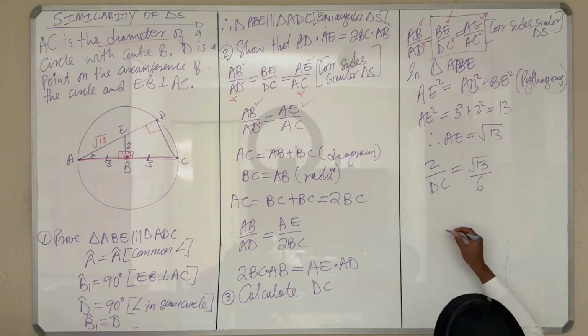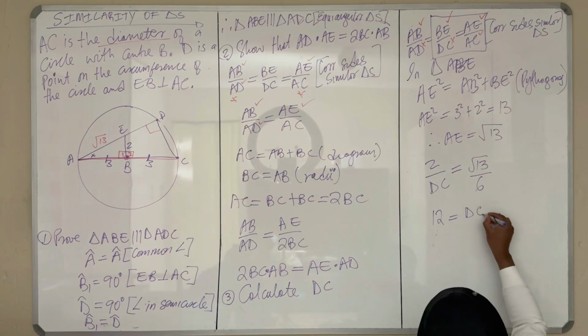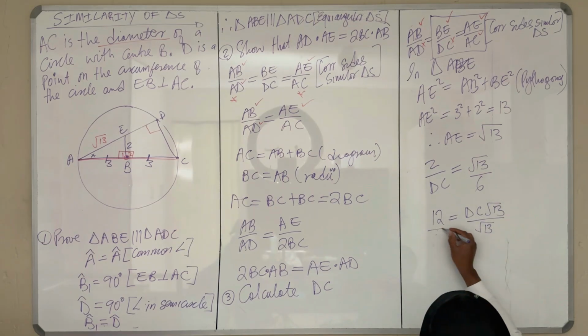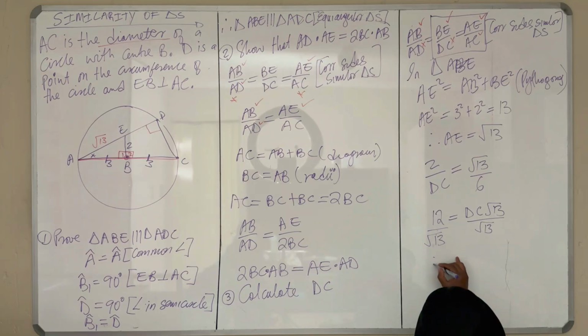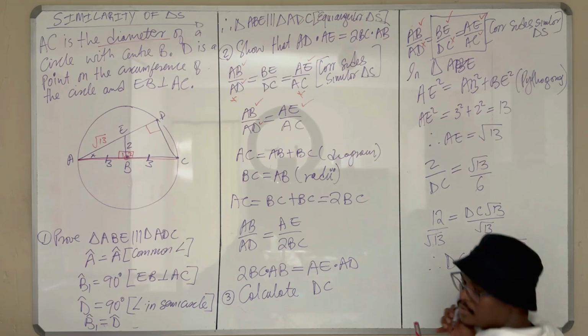In that case, cross multiply: 12 is equal to DC root 13. Divide by root 13. Therefore, your DC is equal to 12 root 13 over 13.